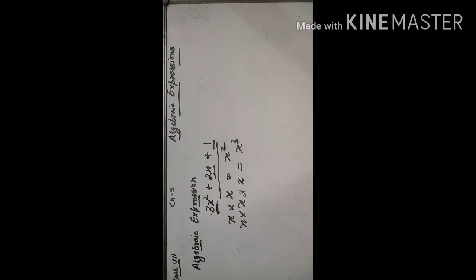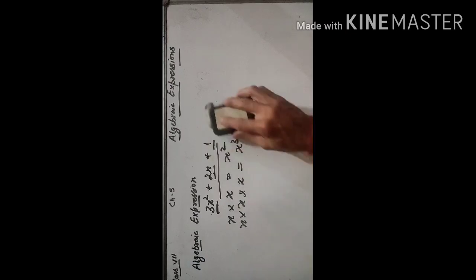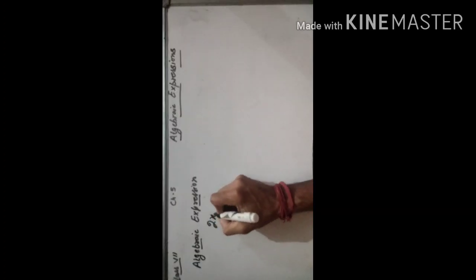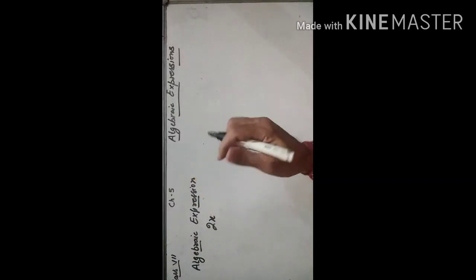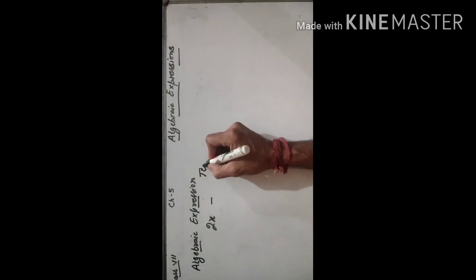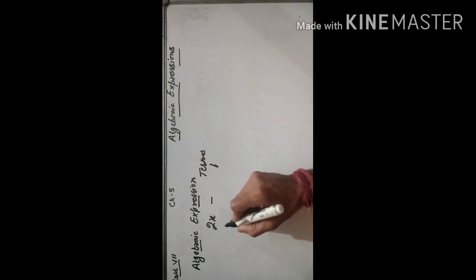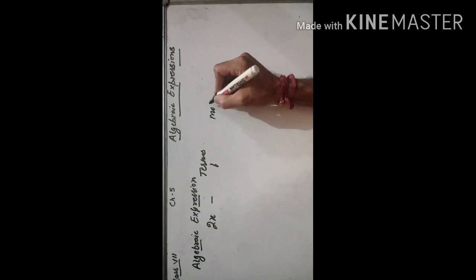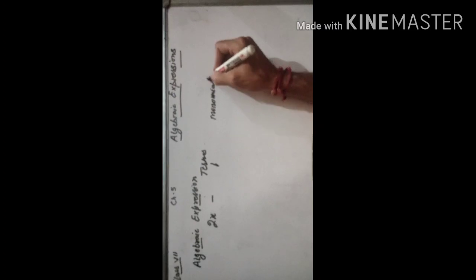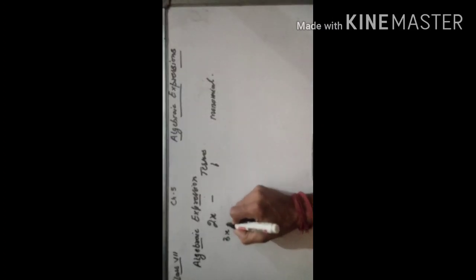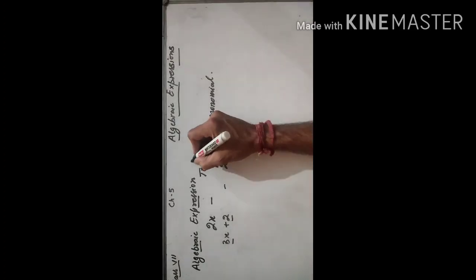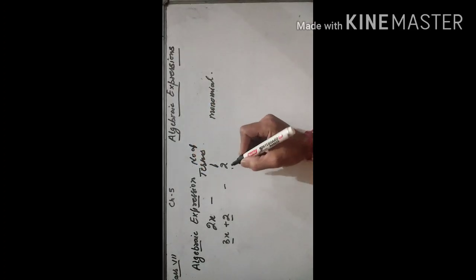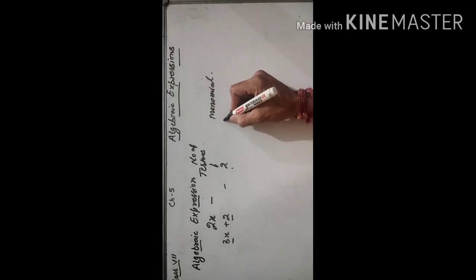Now, terms of an algebraic expression. Suppose the expression is only 2x, then the number of terms is 1, and the algebraic expression with one term is called monomial. Suppose the expression is 3x plus 2, now two terms, first and second, the number of terms is 2, then it is called binomial.